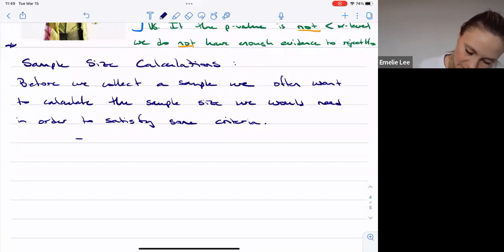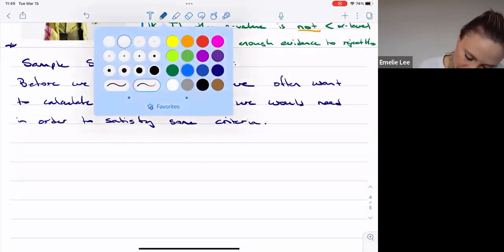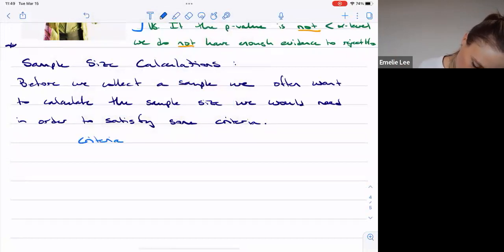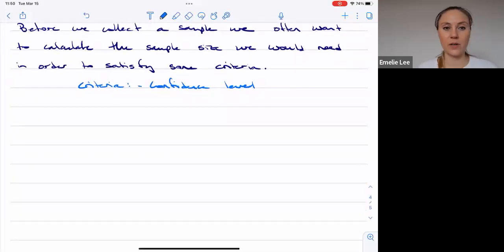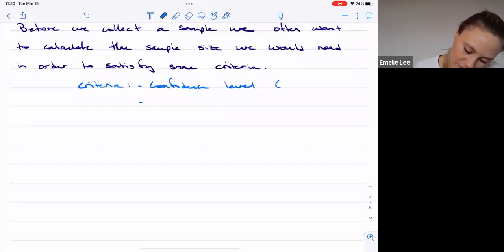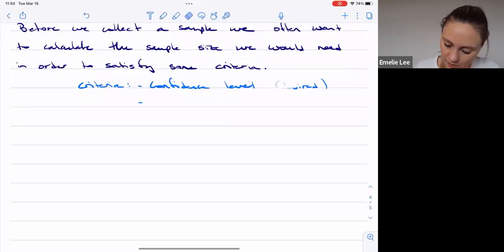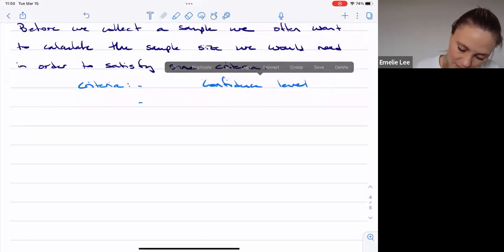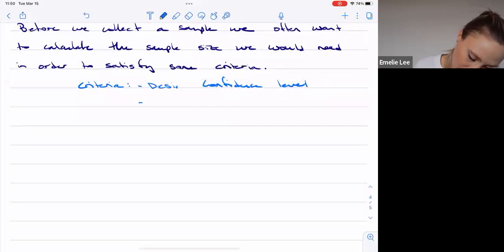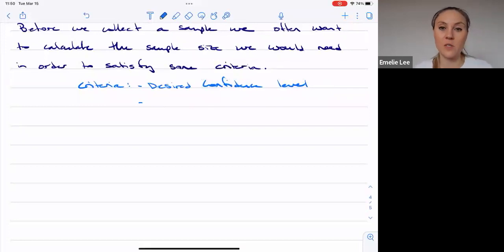So the criteria is the confidence level. So the desired confidence level and also the desired, and maybe what I'll do is I'll bump this over because I can and write desired in front. The desired confidence level as well as the desired margin of error.